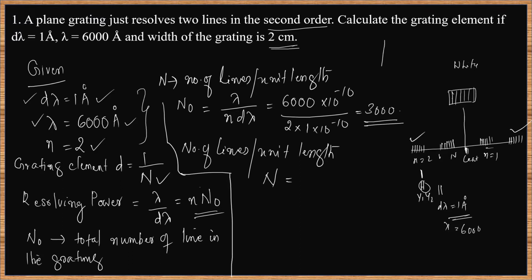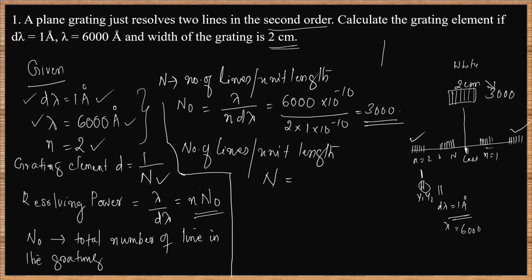So if we have a grating, it has 2 centimeter, and in 2 centimeter it has 3000 lines. So then it is easy to find the number of lines per unit length.